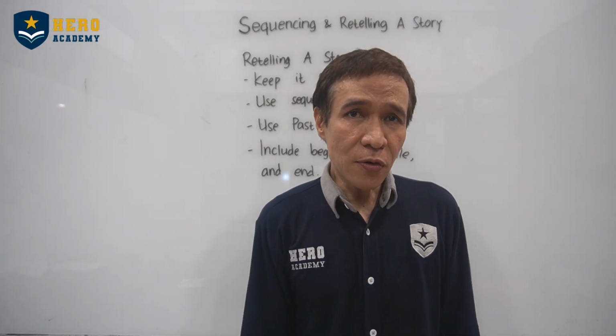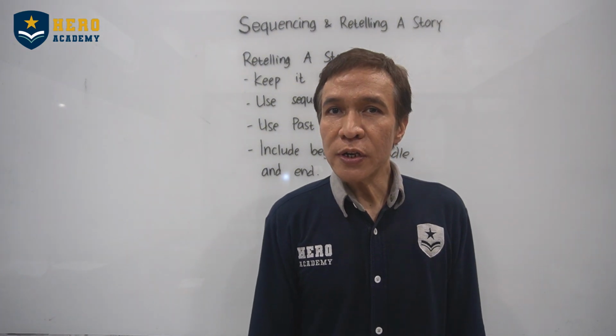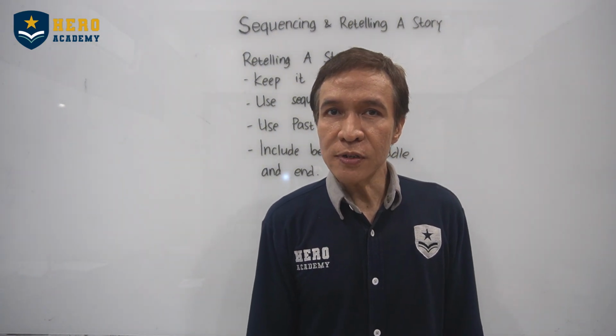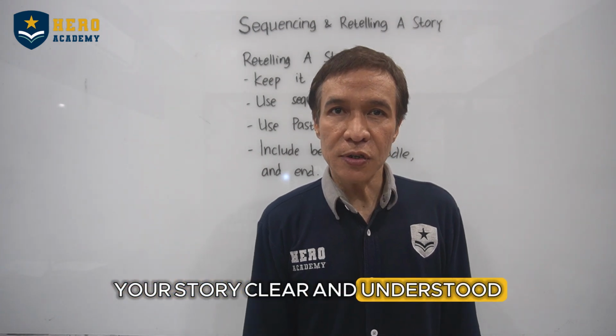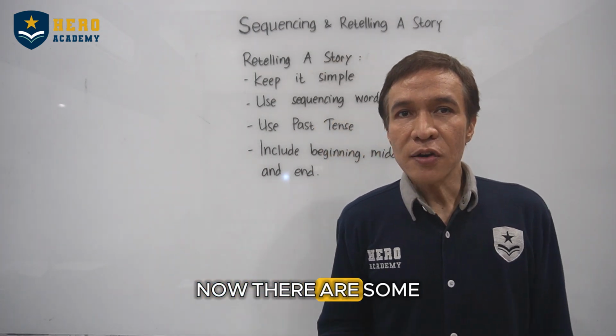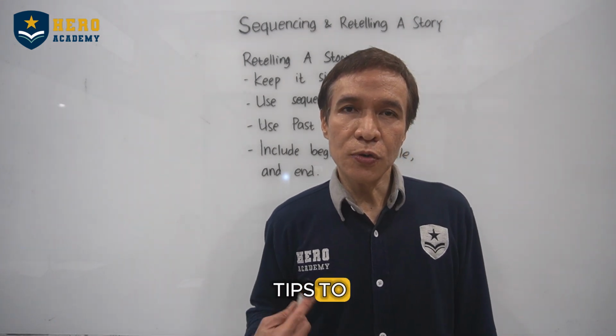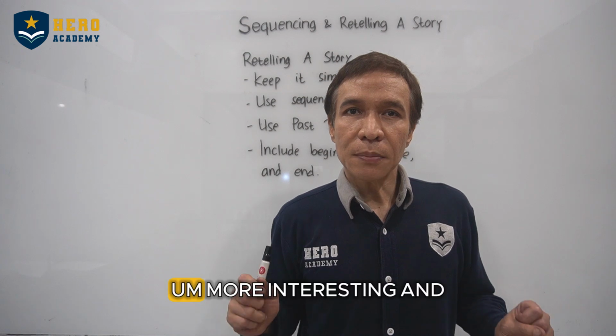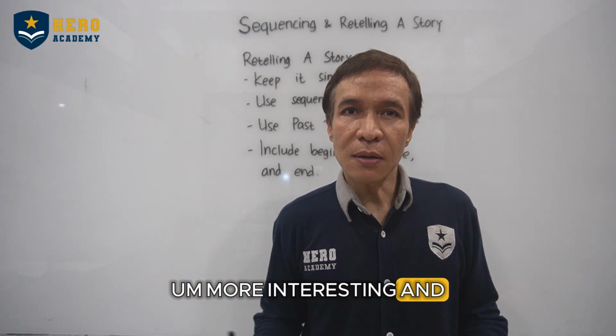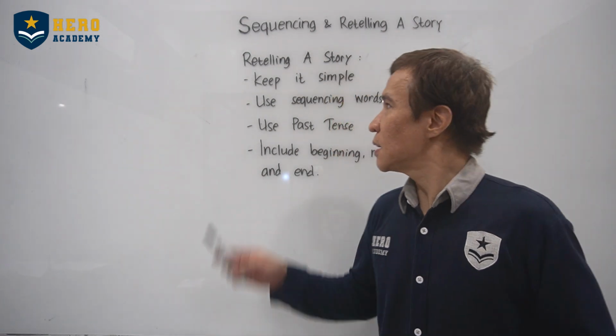In retelling a story, you can use your own words, and don't forget to use sequencing words to make your story clear and understood. Now, there are some tips to retell a story to make your story more interesting and more connected.